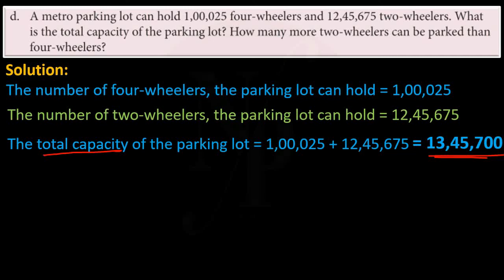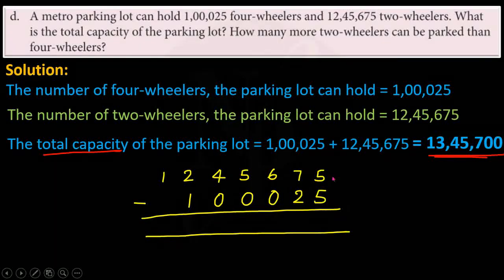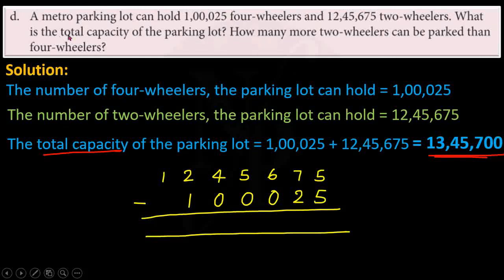So let us do that now. Let us write down these numbers appropriately, one below the other, for subtraction. Here I have written down the given numbers, 12,45,675 and 1,25,000, for subtraction. On subtracting these two, we will get the required answer for the second question. So let us subtract now.